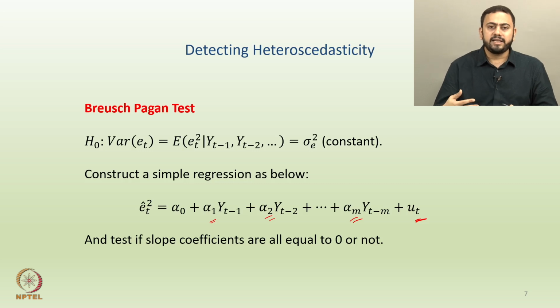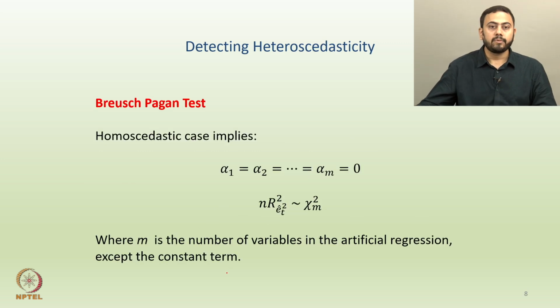Under both these tests the idea is similar. Essentially what you are testing is whether my intermediate slope coefficients, the alphas or gammas or deltas, are equal to 0 or not. Under the homoscedastic case, if all the coefficients happen to be 0, then you have a constant variance case.